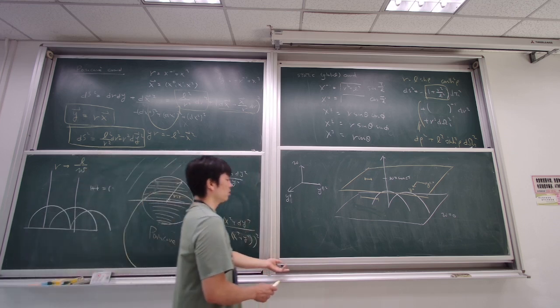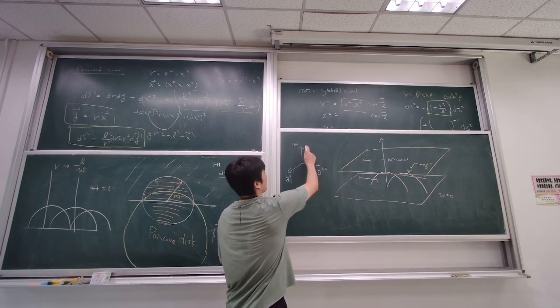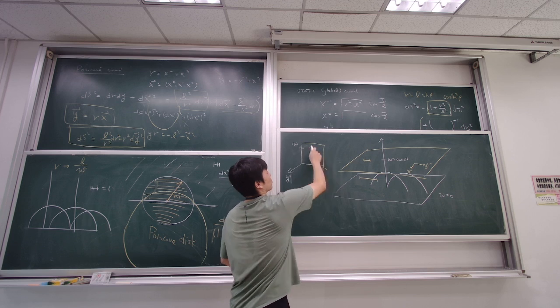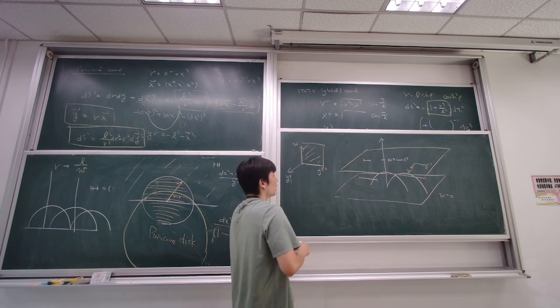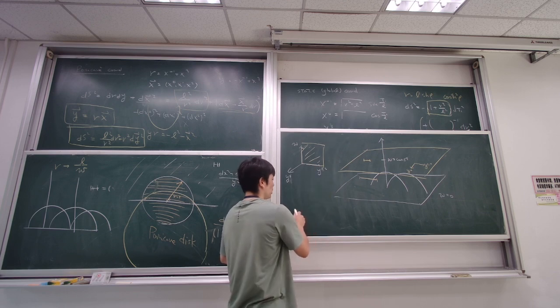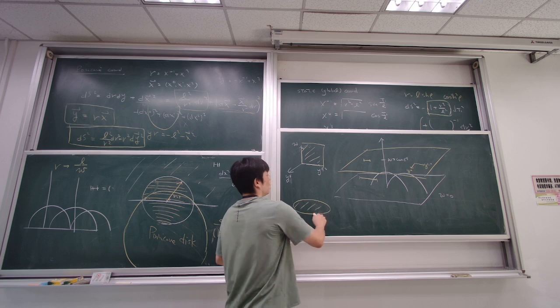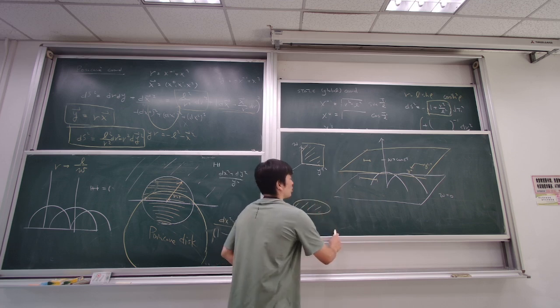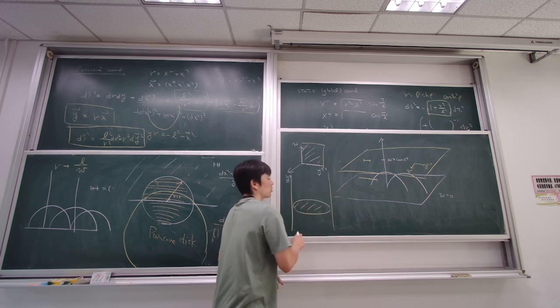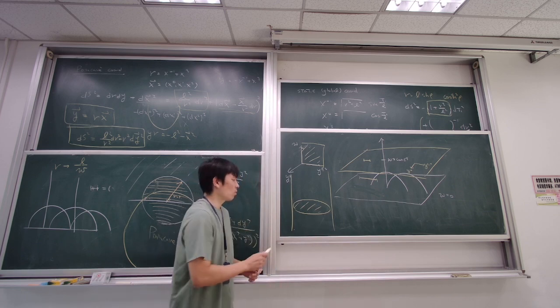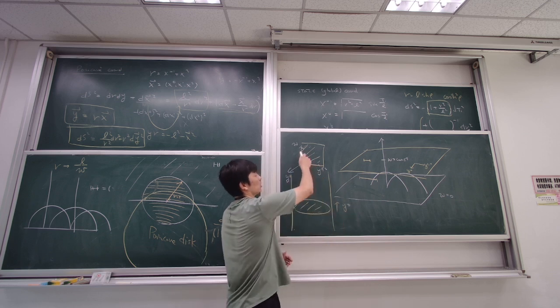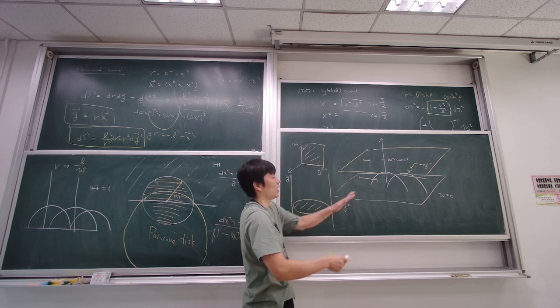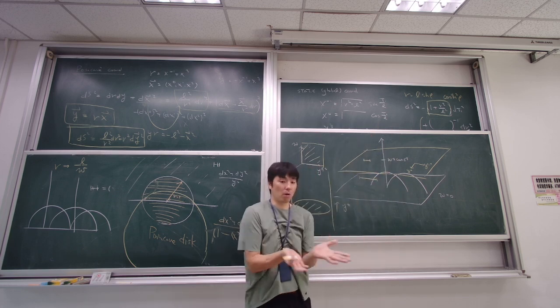So this space part is this part, right? This plane is a space plane, and it can be put into the disk. And the y coordinate is just treated as time.